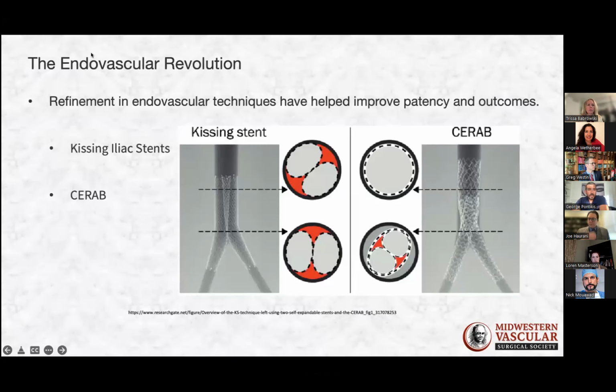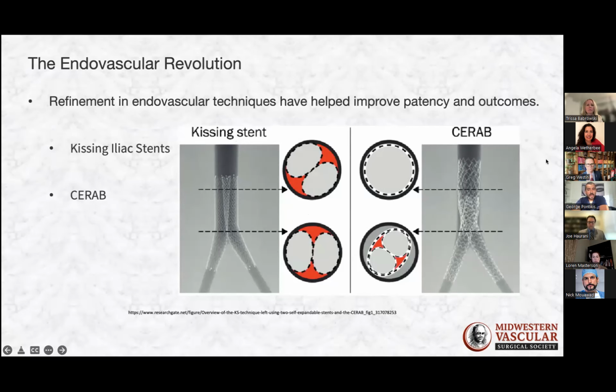So with the endovascular revolution, there's the kissing stents, and then eventually with a lot of techniques evolving to CERAB, we've refined the technique. Kissing stents were very good initially, the first iteration with bare metal stents, and then CERAB using covered stents.